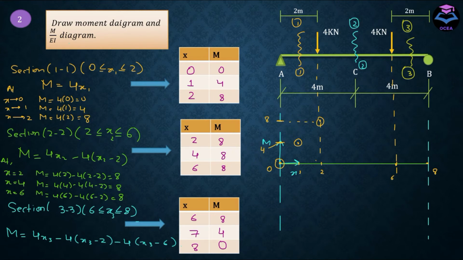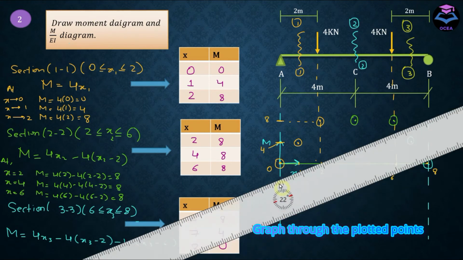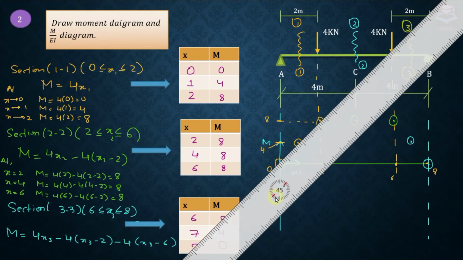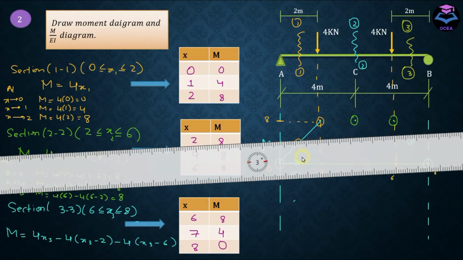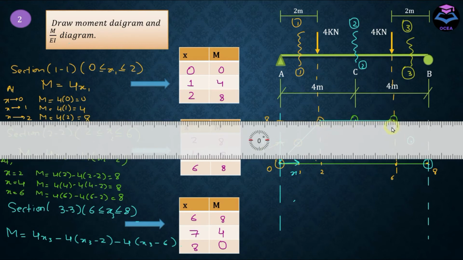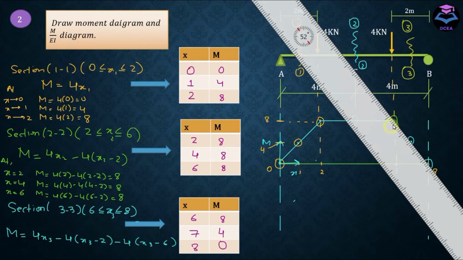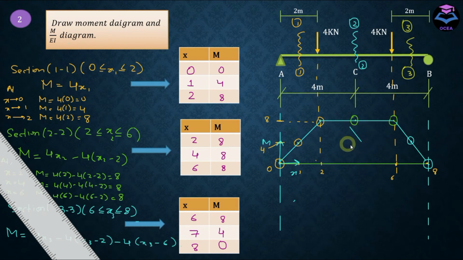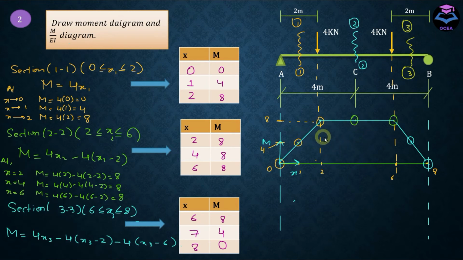Similarly, plot other points. So this is your moment diagram for this question, and your moment value here is equal to 8 and here is 4.